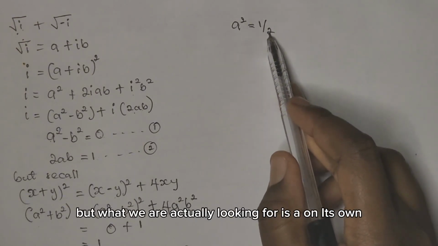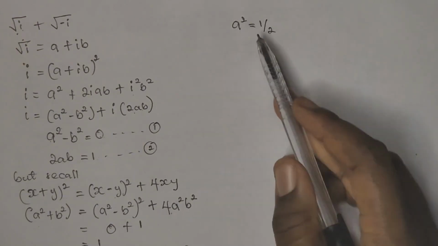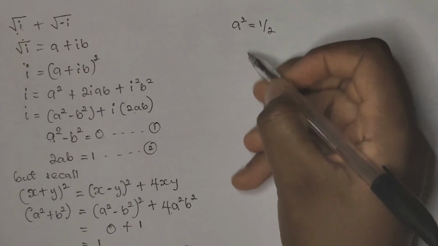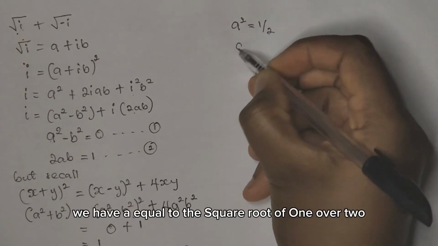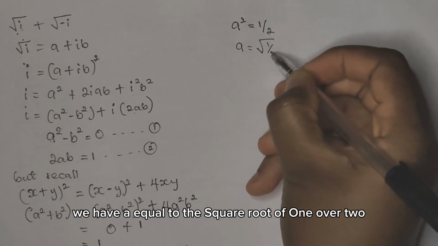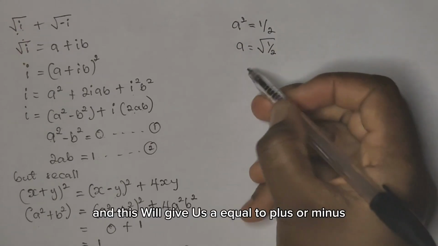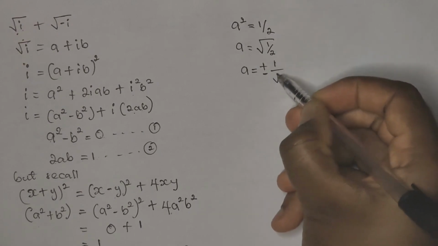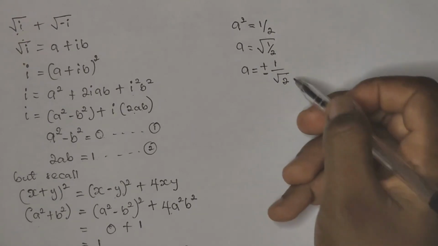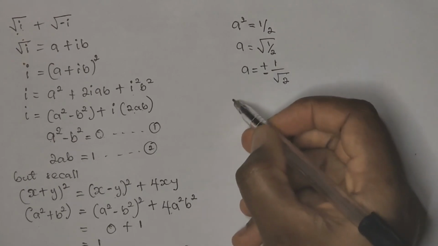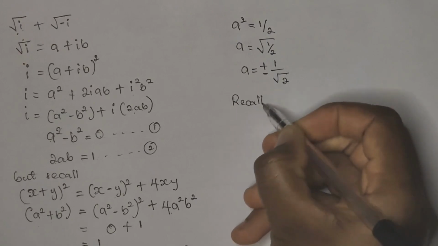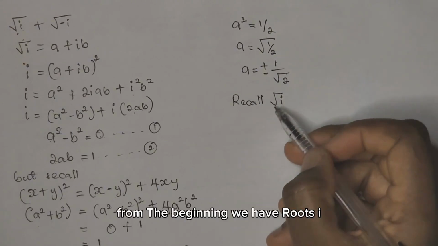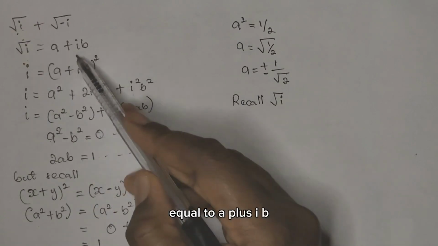But what we are actually looking for is a on its own. So if a squared is equal to 1 over 2, we can take the square root of both sides. We have a equal to the square root of 1 over 2, and this gives us a equal to plus or minus 1 over root 2. But remember, from the beginning, we have root i equal to a plus ib.